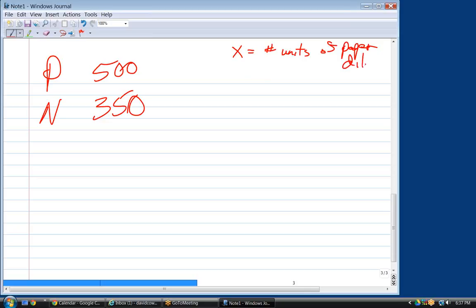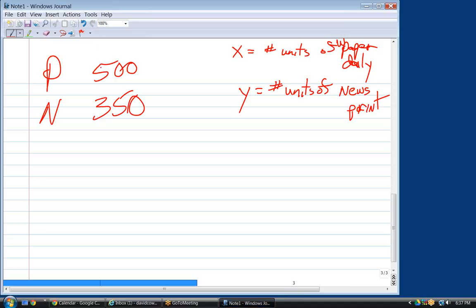I find it extremely helpful to spell out the meaning of your variable exactly, because it isn't always clear with some of these harder problems. In other words, this is the number of units of what kind of paper? X is writing paper, and the second one is newsprint.